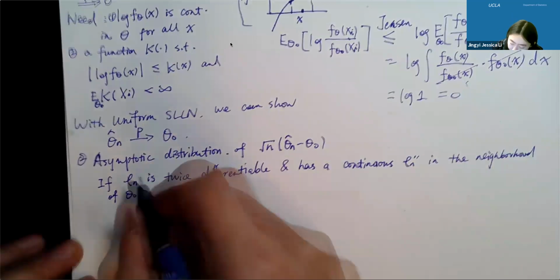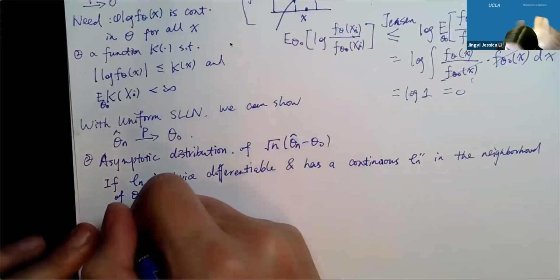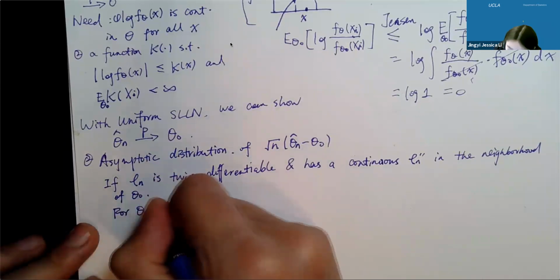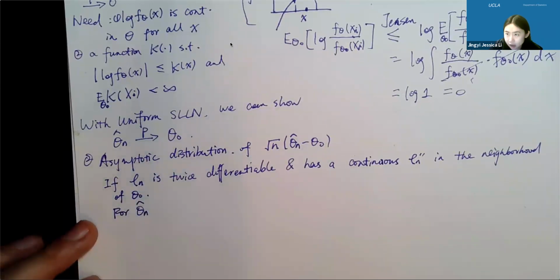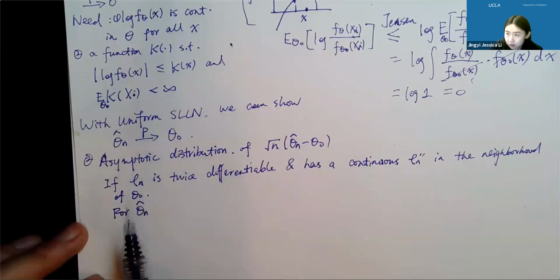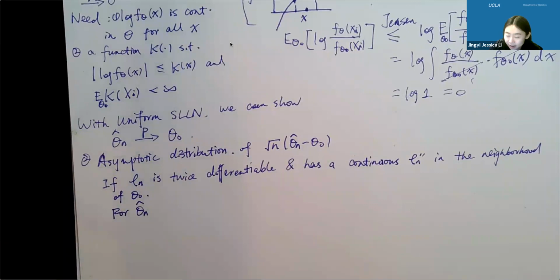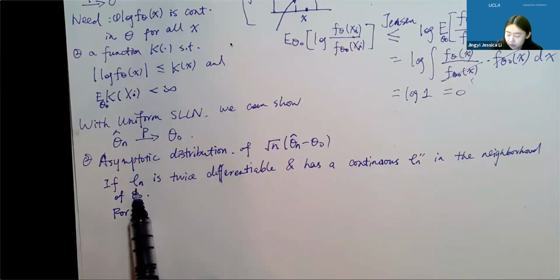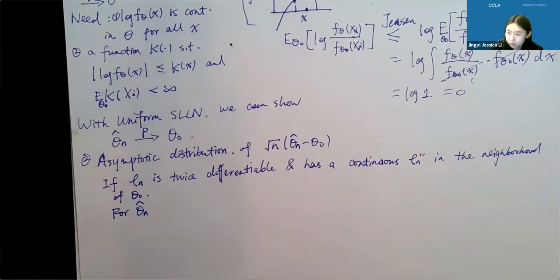And for the theta n hat, the MLE, what we know is that for such a log likelihood, the MLE is a solution of the first derivative equal to 0. Setting the first derivative equal to 0 gives us a solution, and if it has multiple solutions, then one of the solutions would be the MLE.